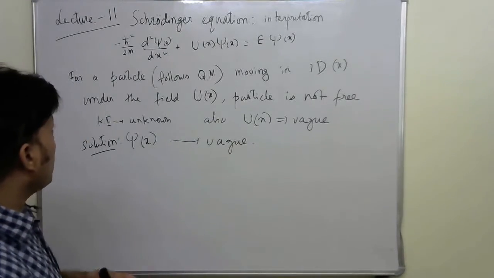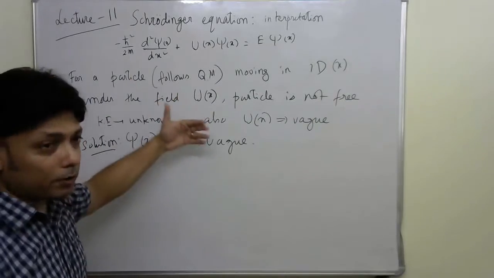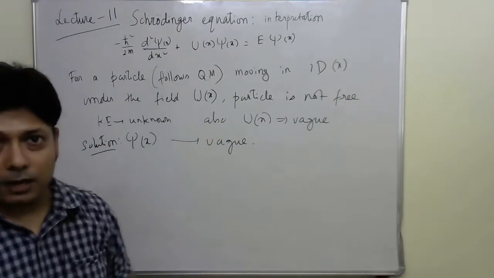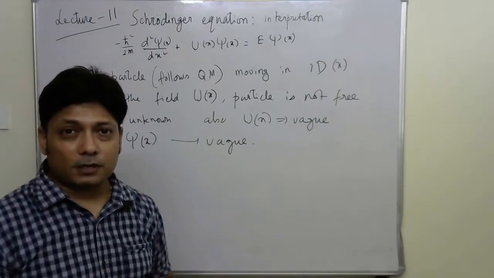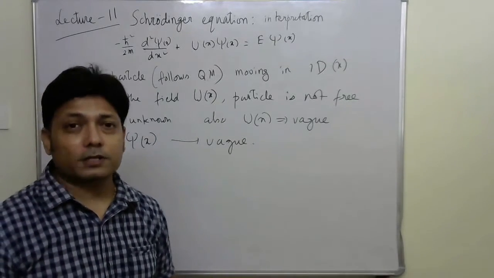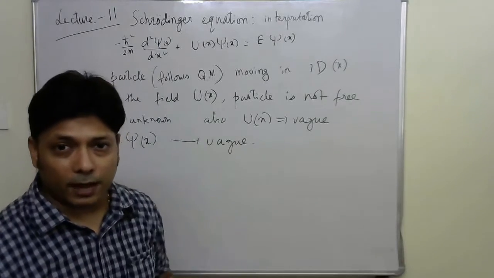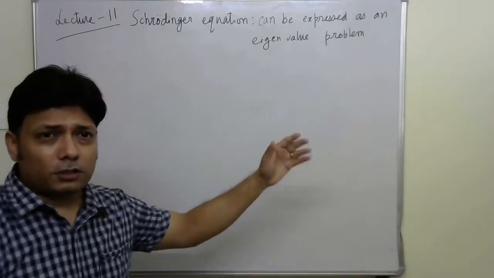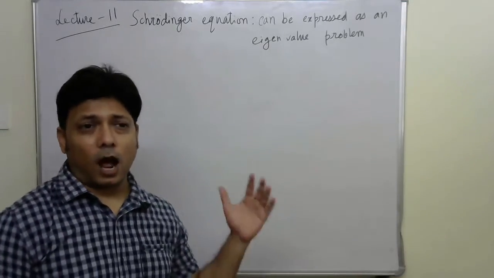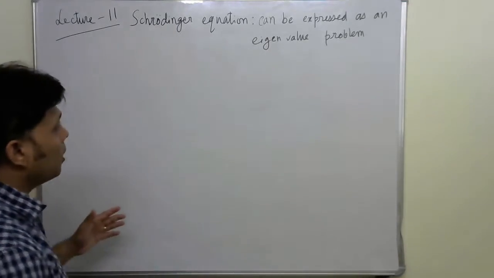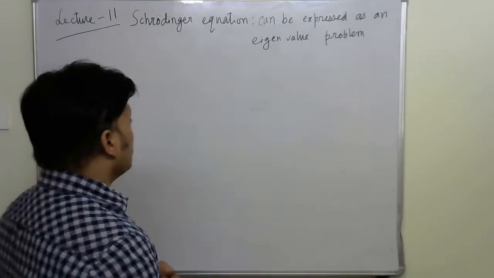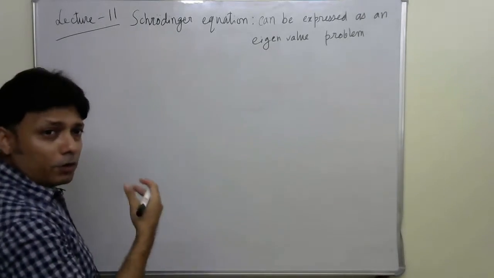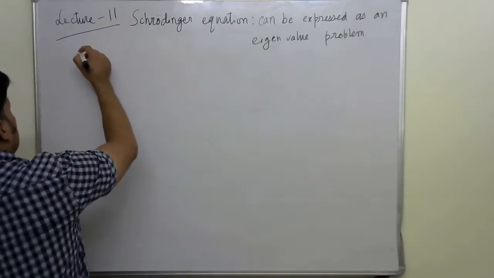All right, now let's move on to the next part: the Schrodinger equation can be formulated as an eigenvalue problem. So what is an eigenvalue problem? Let's take a look at that. Before we proceed, we first have to make ourselves familiar with certain terms.